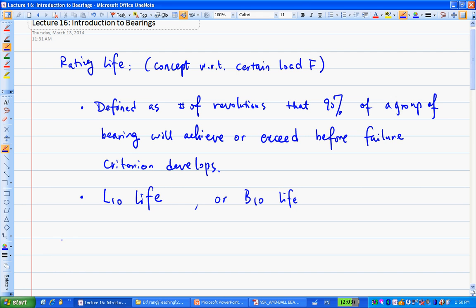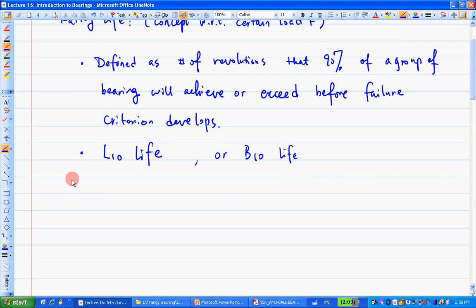So the next concept we look at is the bearing load versus rated life. The rated life is as we just said, the 90% or L10 life.